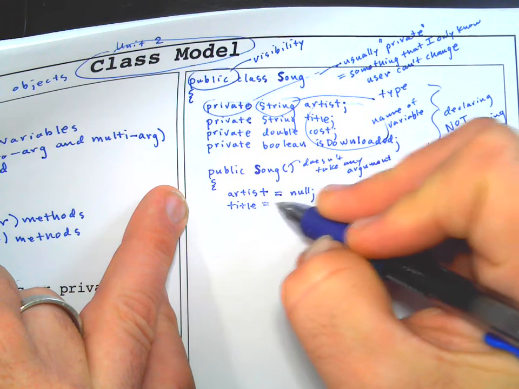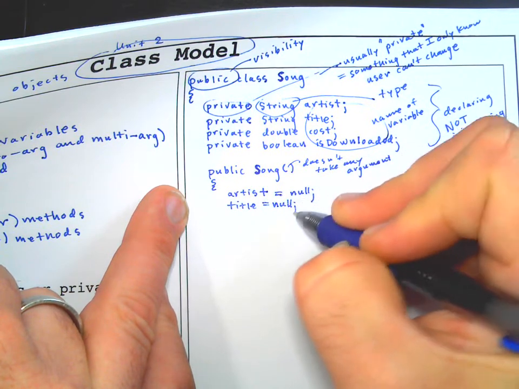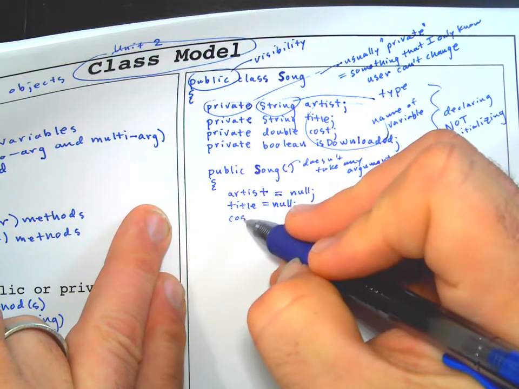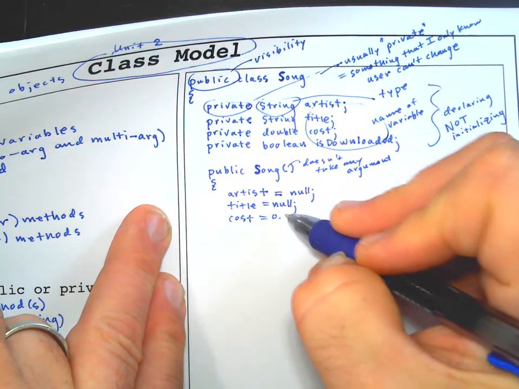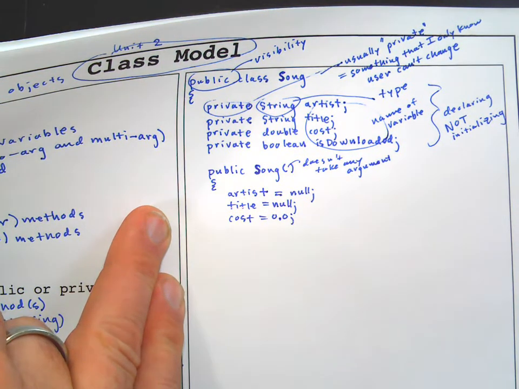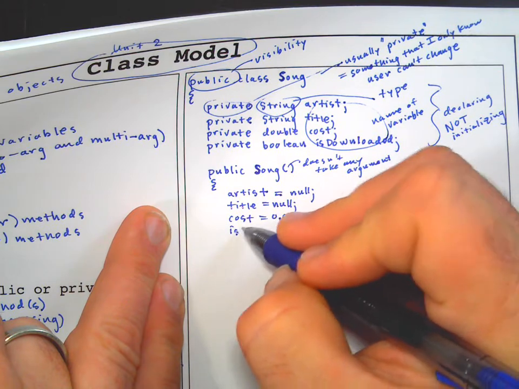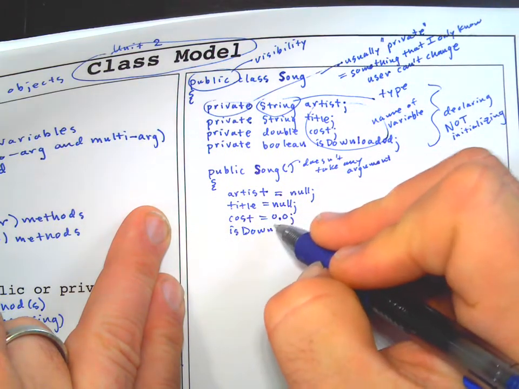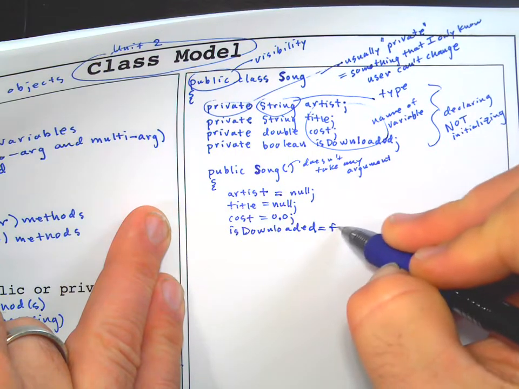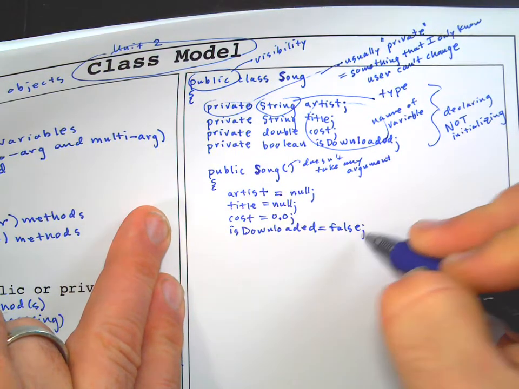So it's kind of like we're creating a song, but there's no real information in it yet, but at least you can create it. Cost, a good default value would be 0.0, and we usually write the point because it's double. And then for Boolean, usually you set them to defaults if you're just trying to not give it any real values to start with.